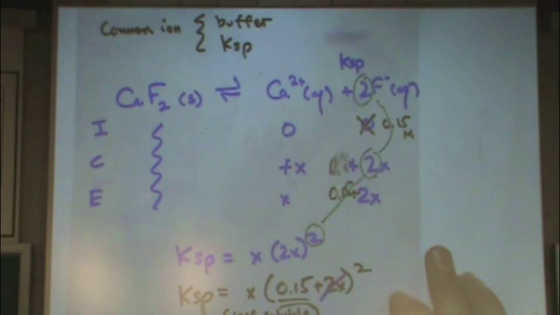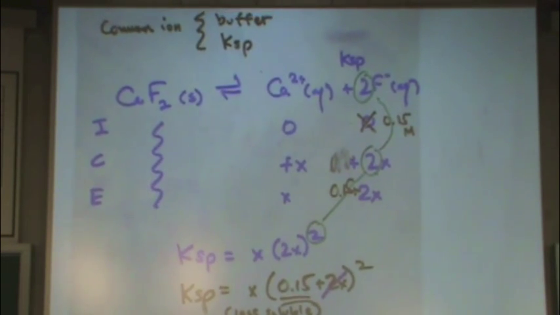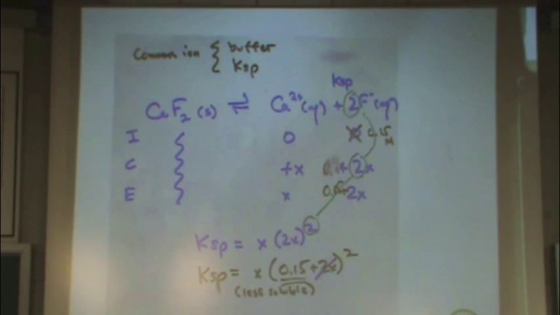Question? Yeah. How do you know that KSP is small? That's not an assumption. That's just a pure fact in this class. I don't know who asked that, but I hear your voice. For KSP, we're focused on insoluble compounds in our class.